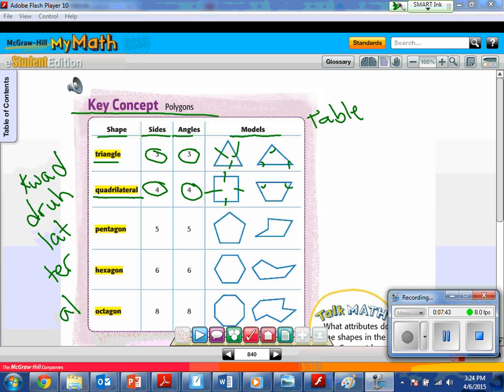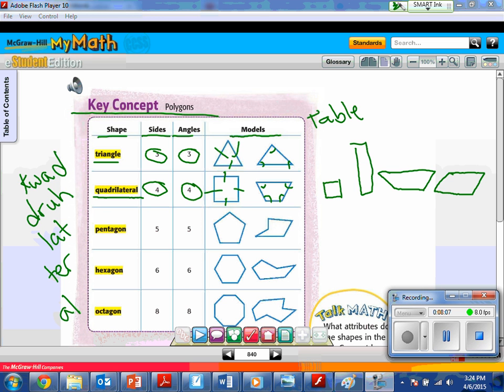Some quadrilaterals you know about are squares and rectangles. Some quadrilaterals you might not know about are trapezoids and parallelograms.